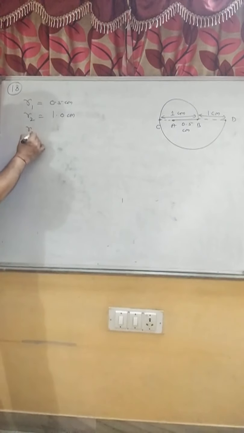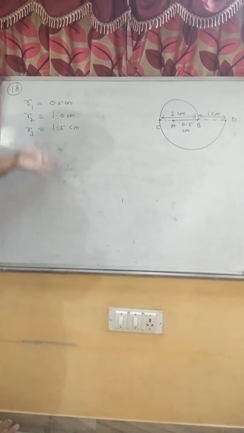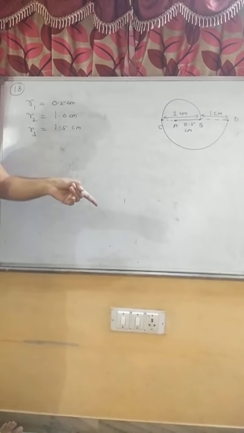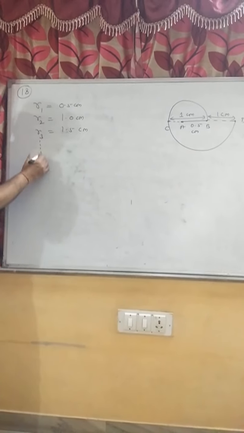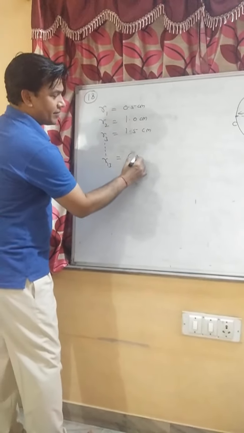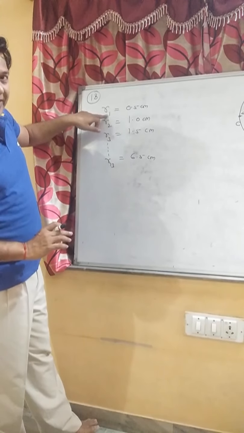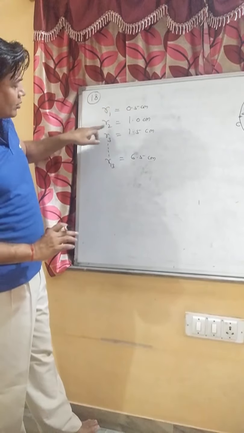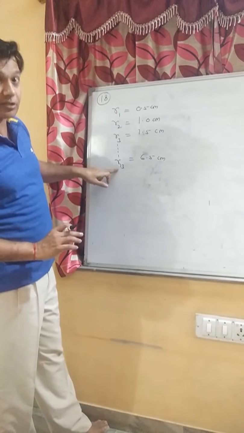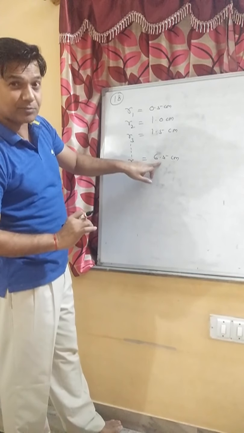So the third radius is 1.5 centimeter. According to the same pattern, if we draw 13 semicircles, then the radius of the 13th semicircle is 6.5 centimeter. As you saw, 1 has half 0.5, 2 has half 1, 3 has 1.5. So the 13th, last semicircle, will have radius 6.5.